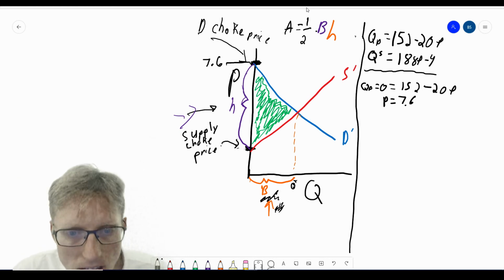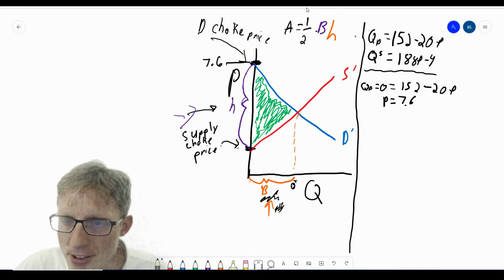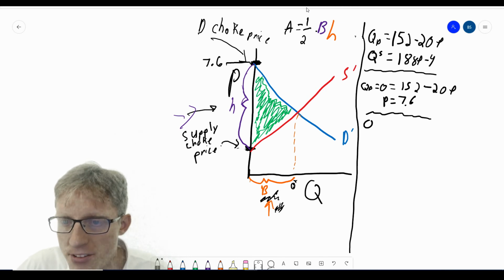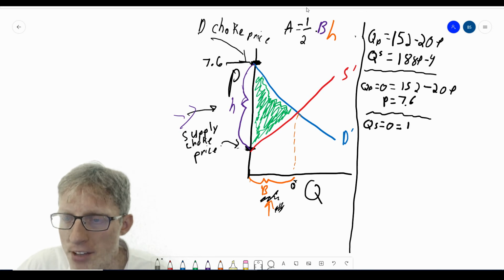Okay. And next we want to get the supply choke price. We can do the same thing. We can find the price such that the amount supplied is equal to 0. So let's set supply equal to 0, and we know from our equation above that supply is equal to 188p minus 4.